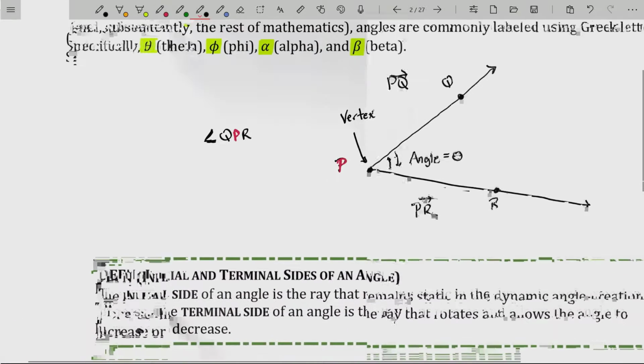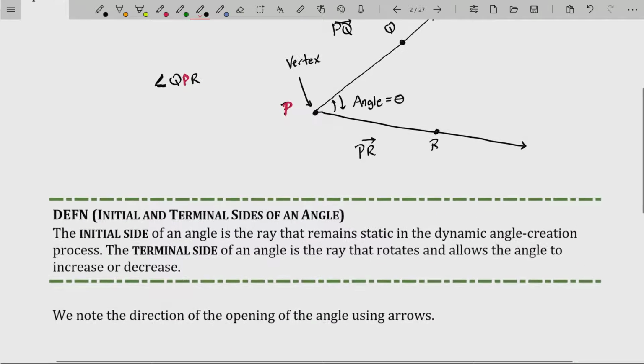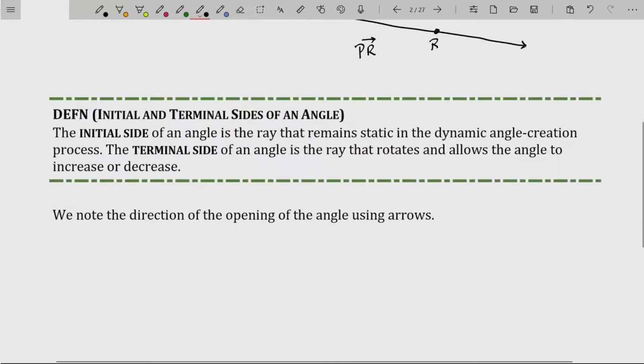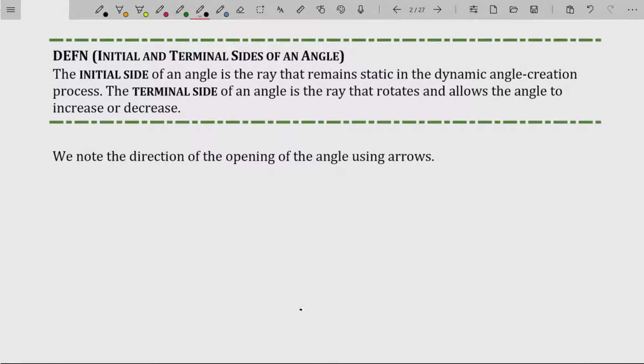So, definition: initial and terminal sides of an angle. The initial side of an angle is the ray that remains static in the dynamic angle creation process. That sounds really neat, actually. So, what I mean by that is you have some initial side emanating out from P, maybe going through some point R, let's just say. That would be, let's pretend, our initial side.